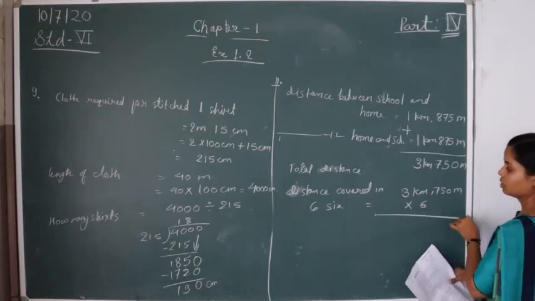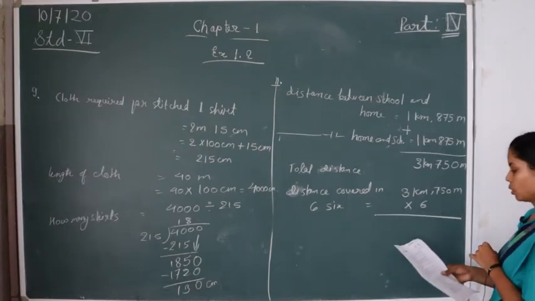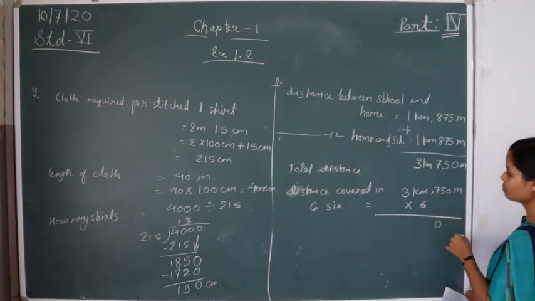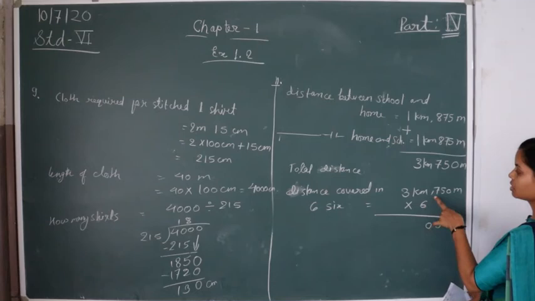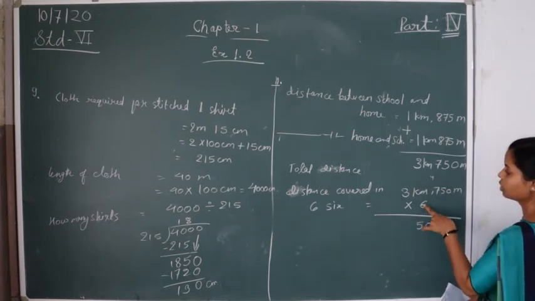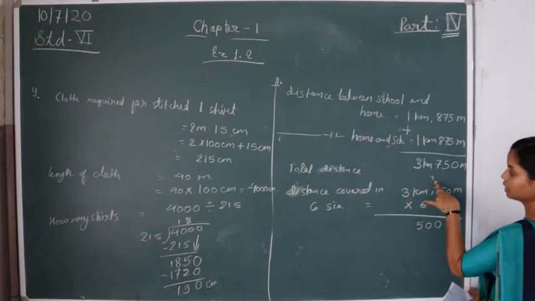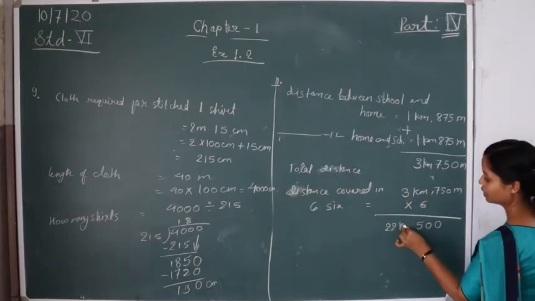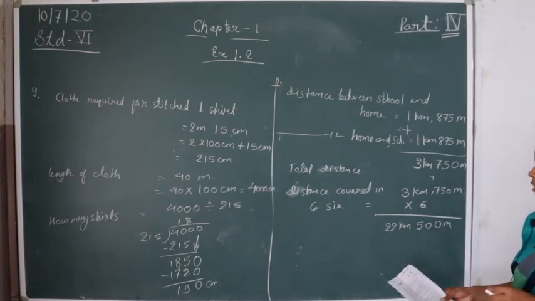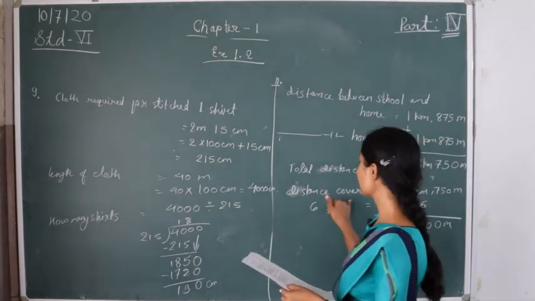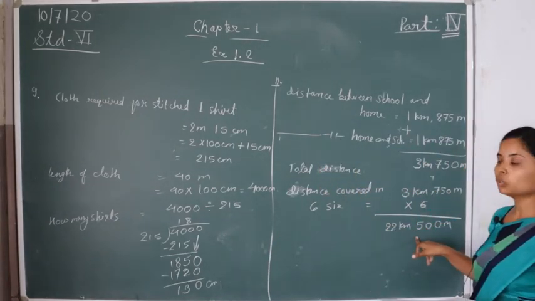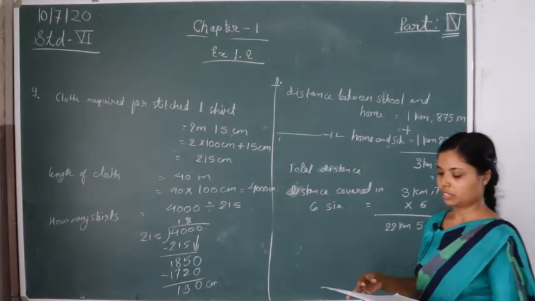When you multiply, you get the answer: 6 times 0 is 0, 6 times 5 is 30, 6 times 7 is 42, and 6 times 3 is 18, plus 4 is 22. We write here 22 kilometer 500 meter. So students, the total distance covered by her in 6 days is 22 kilometer 500 meter.